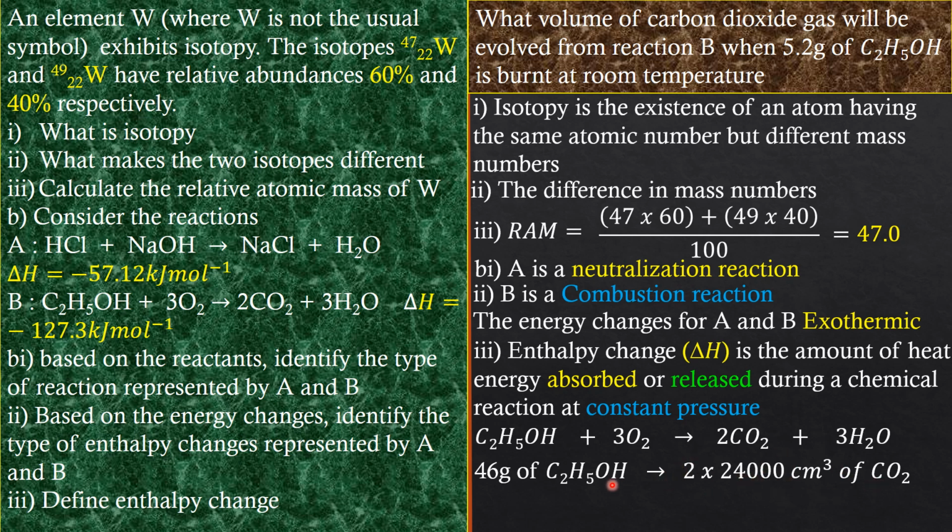So if 46 grams of ethanol gives that, then 5.2 grams is going to occupy a volume of X. If we cross multiply, taking 5.2 times 2 times 24,000 cm cube divided by 46, we get X to be 5,426 cm cube.